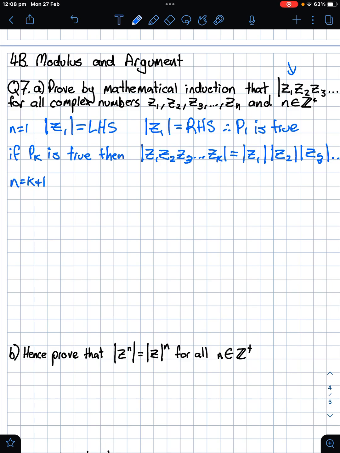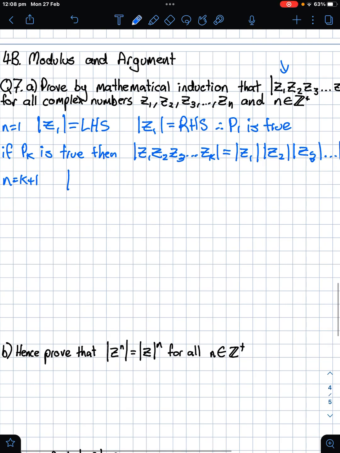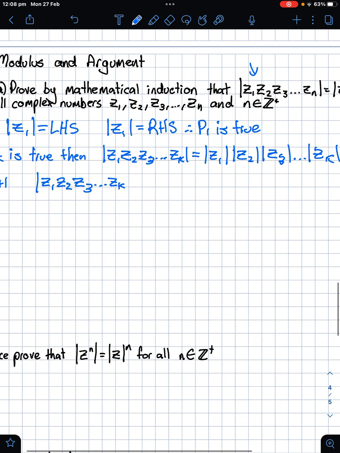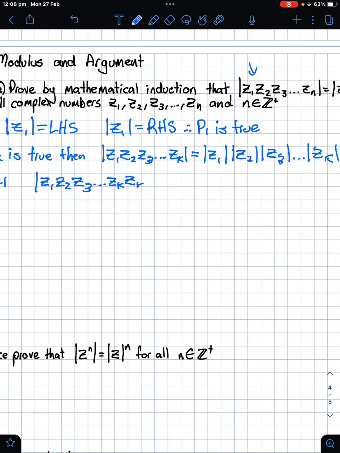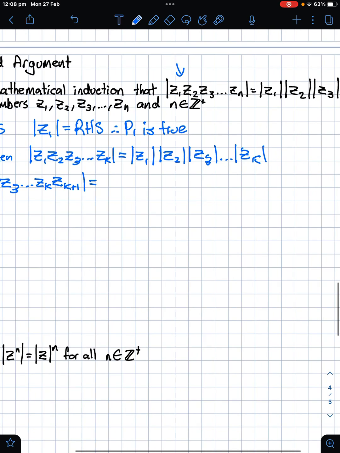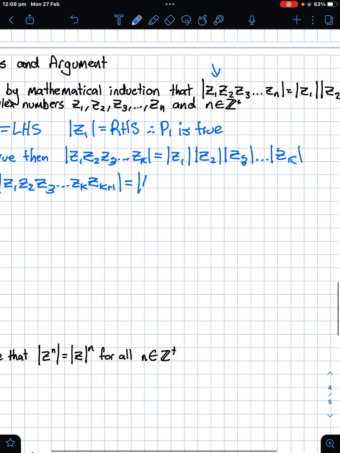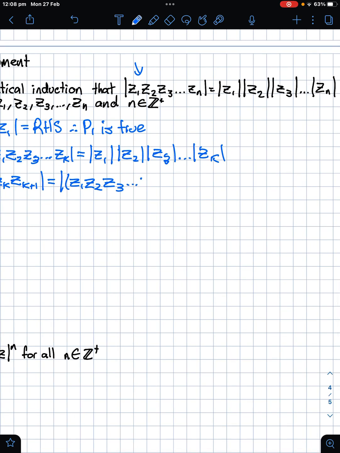We're looking at this one. In this step, this will be Z1, Z2, Z3, dot, dot, dot, Zk, and then we've got Zk plus 1 because we're going one term bigger. So this is now going to equal, I'm just going to put it in brackets, Z1, Z2, Z3, all the way to Zk.